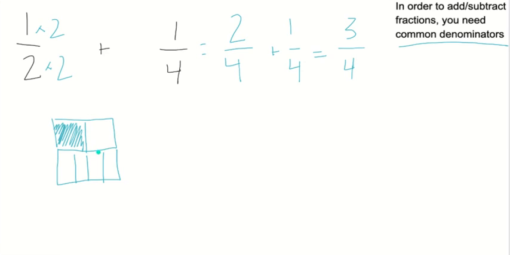But you see how this is not cut into fourths? But down here we have it into fourths. So I'm just going to draw a little dotted line here to show that this is a 4th. And I'm going to color it in with a different color. So now we can see that 1/2 plus 1/4 is 1, 2, 3/4.